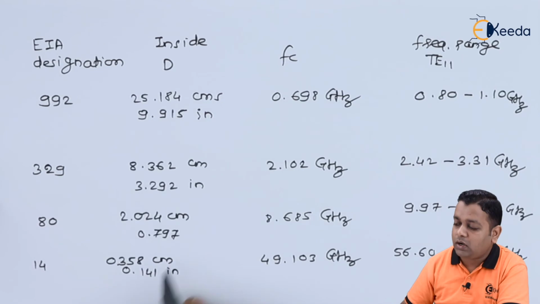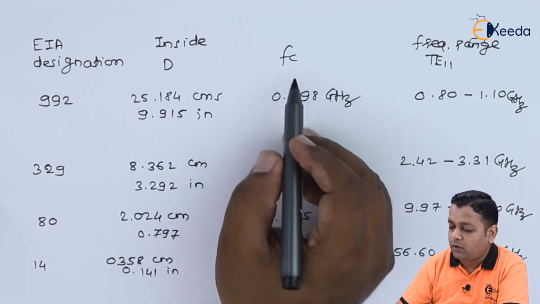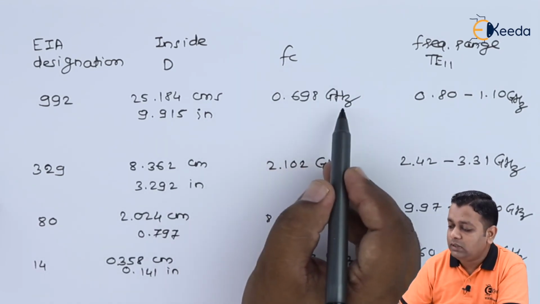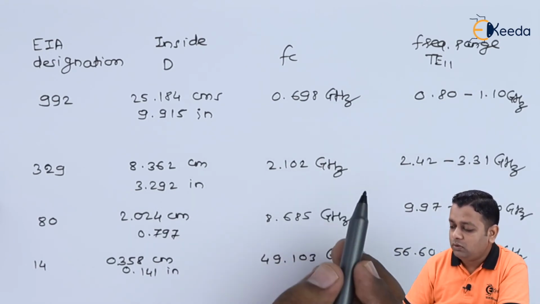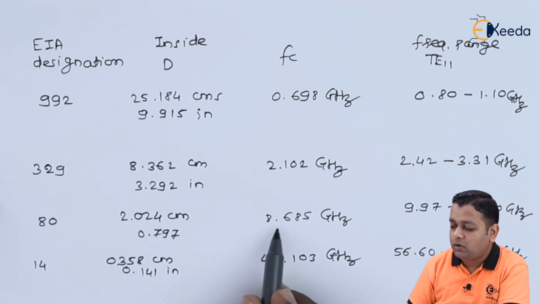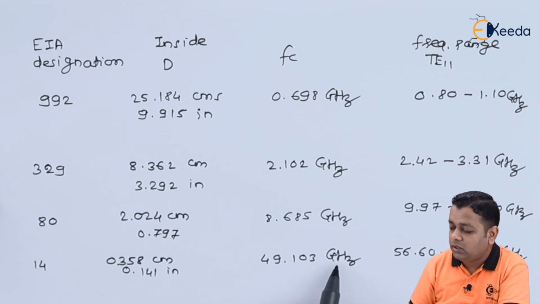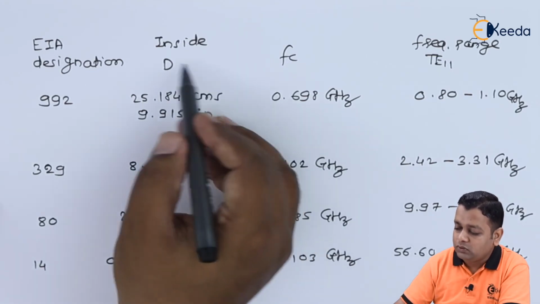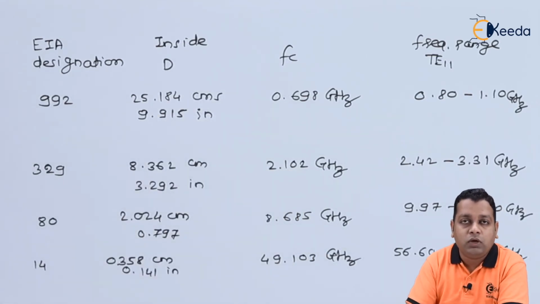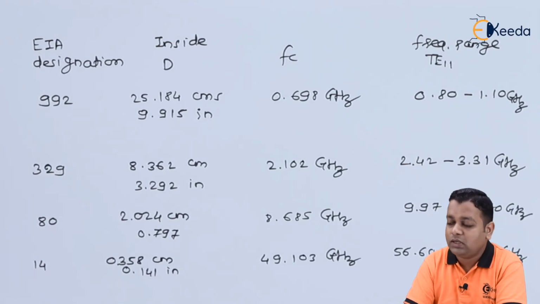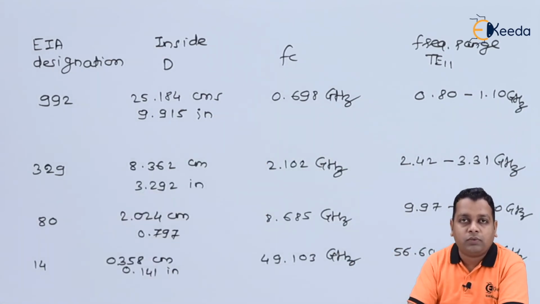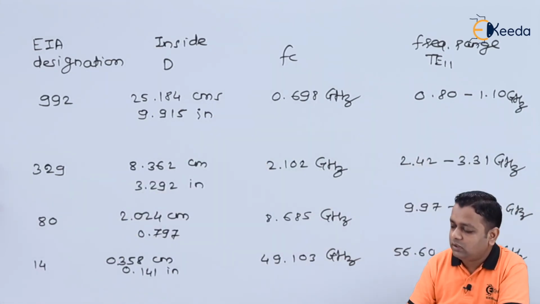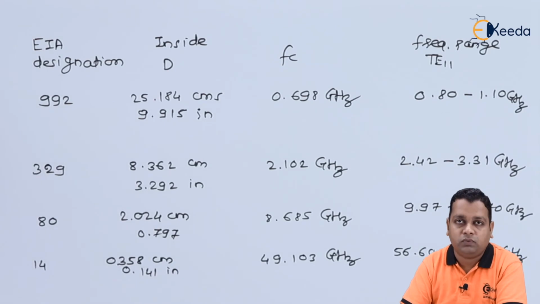So on the reduction of the dimension, you can see the cutoff frequency, earlier 0.69 gigahertz, increased to 2.102 gigahertz, then to 8.685 gigahertz, and finally to 49.103 gigahertz. So while reducing the dimension, that means while going for the miniaturization of the device, we work with higher frequencies for the cutoff, or in general the frequency range, the same behavior we know.